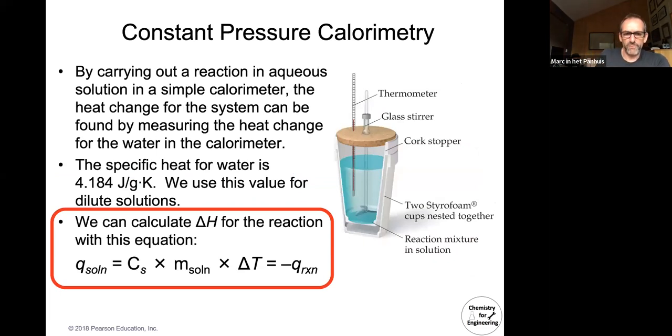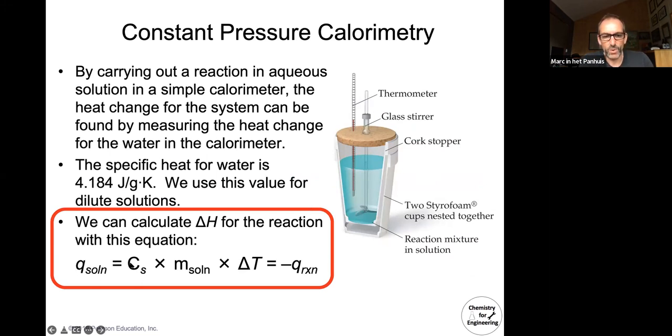If we go back to our calorimeter, we can now carry out reactions, and we can use the raising of the temperature of water to calculate what our delta H is. Let's say the heat transferred in the solution, so that would be Q of the solution.